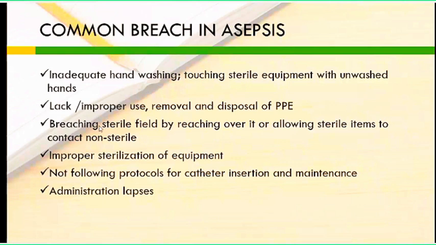Then improper sterilization of equipment itself, and not following protocols for catheterization and its maintenance. Then you have administrative lapses, which include inadequate training or infection control policies, or failure to maintain infection control.